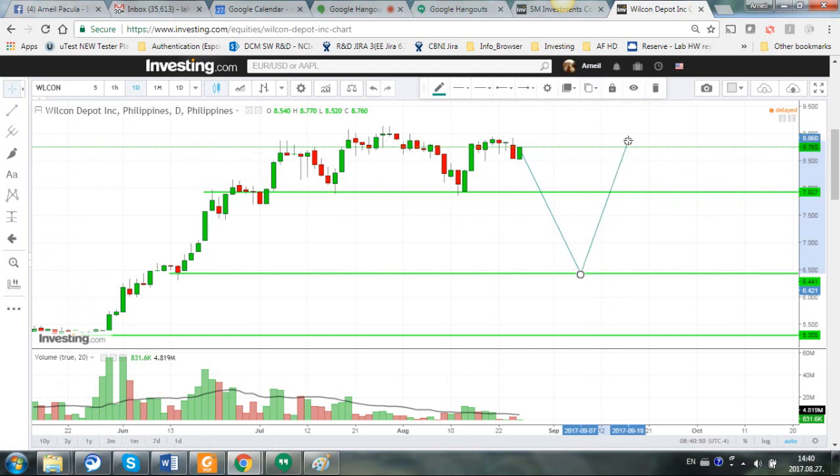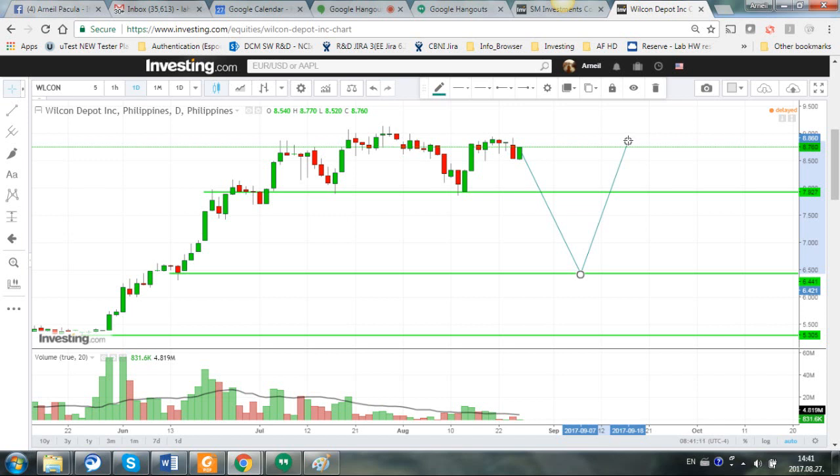So this is why this support and resistance are very important. Actually, for me, among all the indicators and trend lines, identifying the support and resistance are very, very crucial in your investment.